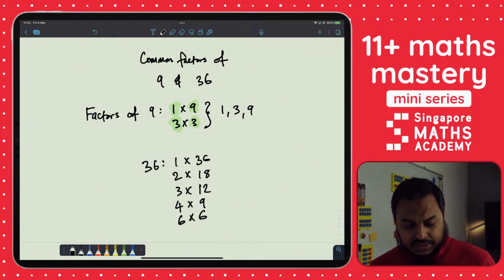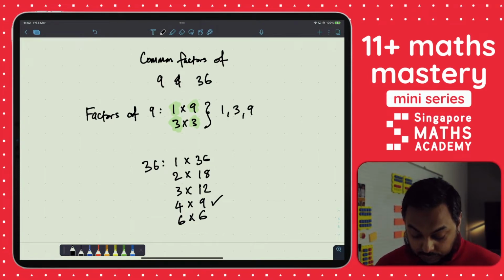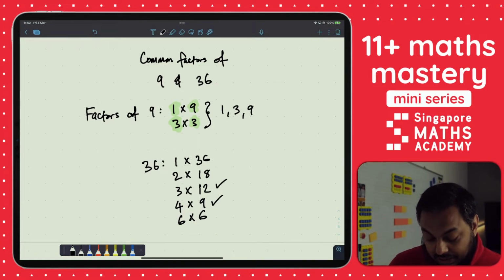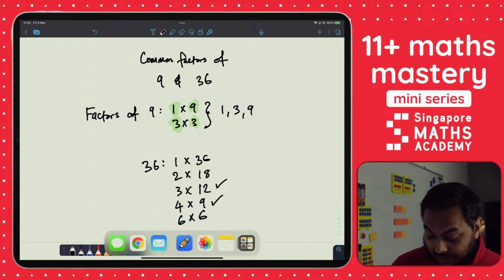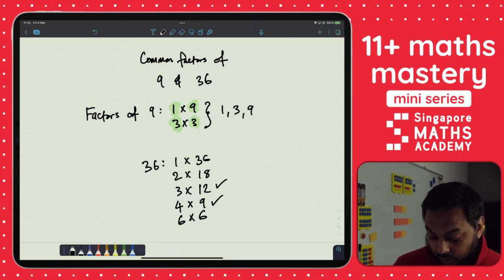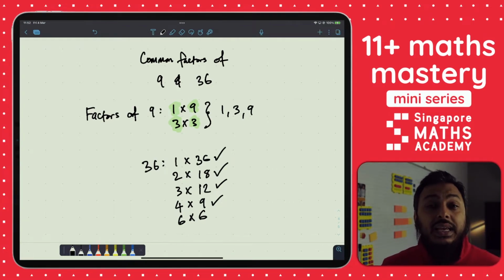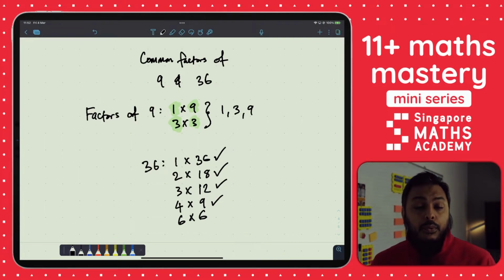And that's all, right? 10 is not going to be. 11, no. 12, I've got. 16 I haven't got. 18 I've got. And anything beyond 18 will be only 36 because 18 is the halfway point of 36.